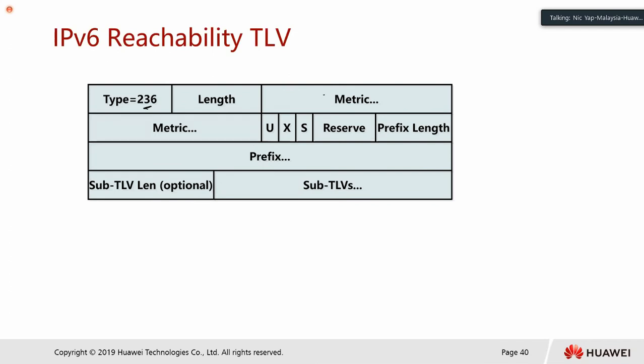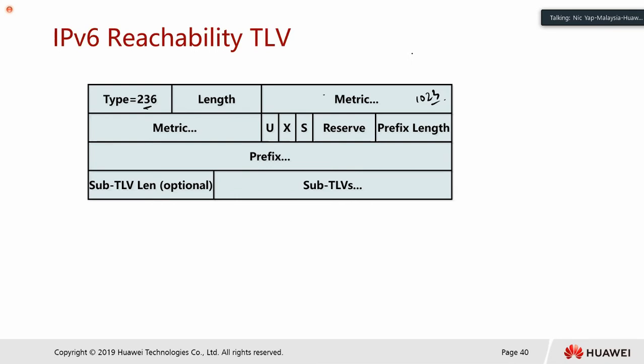For the metric over here, they're going to have a metric of up to 1023. They just change from the path metric to the V6 path metric.